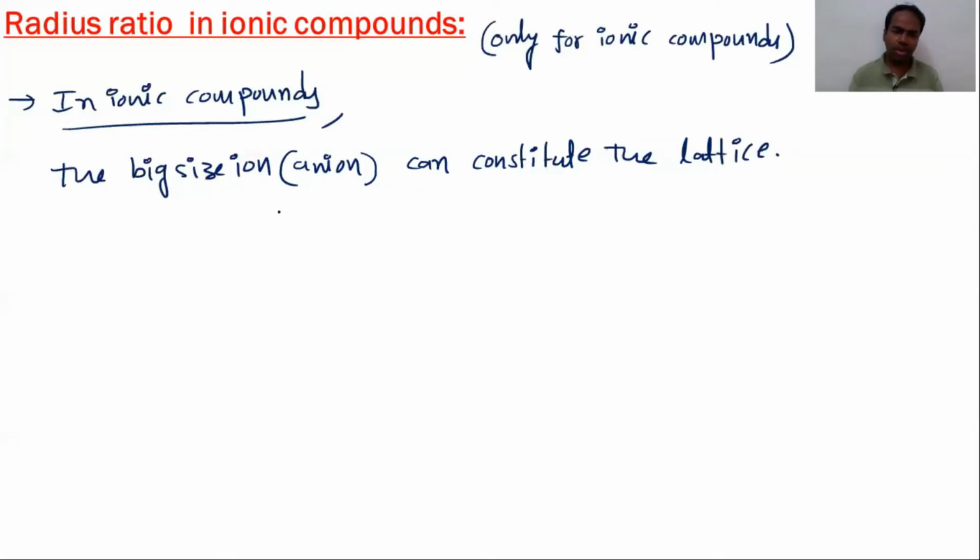While packing these anions, some unoccupied spaces are generated. These are called voids. After formation of these voids, the voids are occupied by the cations.